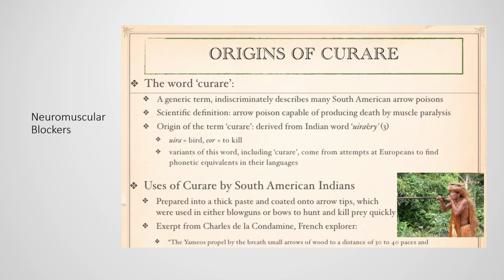So curare isn't an active drug. We don't use curare in hospitals now. We use other drugs that we're going to come to. But curare is the origin of these drugs. This is how we discovered that we can completely block the neuromuscular junction, which will lead to complete paralysis. And it was used many years ago by South American Indians. So interesting.